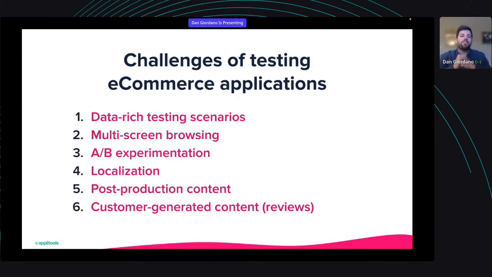So the first challenge we're going to talk about is data-rich testing scenarios, and the fact that data and user state is a huge aspect of e-commerce. Adding things to a cart, going through with different users, with different amounts, different information based on their scenarios, all of that makes the testing paths exponential in number.